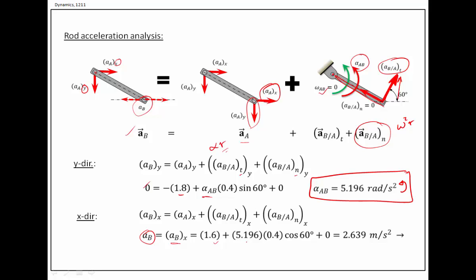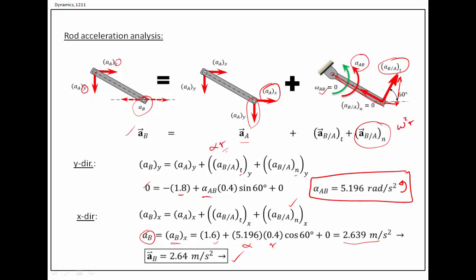And we add it to that angular acceleration alpha times 0.4, which is the distance of the rod, taking only the x component of it. It's also positive because it's going to the right. I also put a 0 in here as a placeholder to represent that there's no normal acceleration. And we end up getting an answer. So that's the other portion of it.